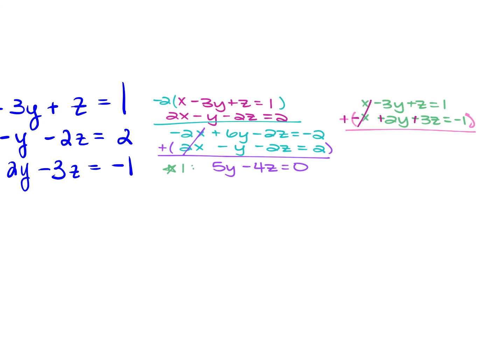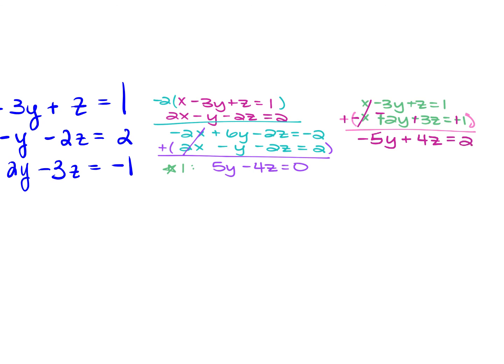X's cancel. You're going to be left with negative y plus 4z is equal, hold on. Okay, sorry, because this was a positive to begin with, then it turns into a negative. So this is negative 5y is equal to, and then this becomes a positive 2.